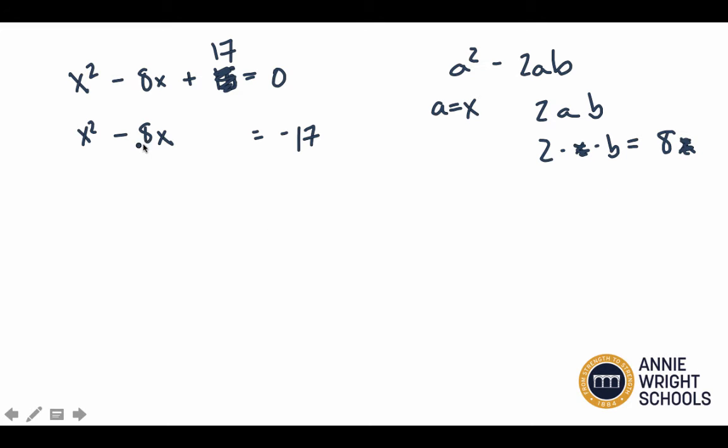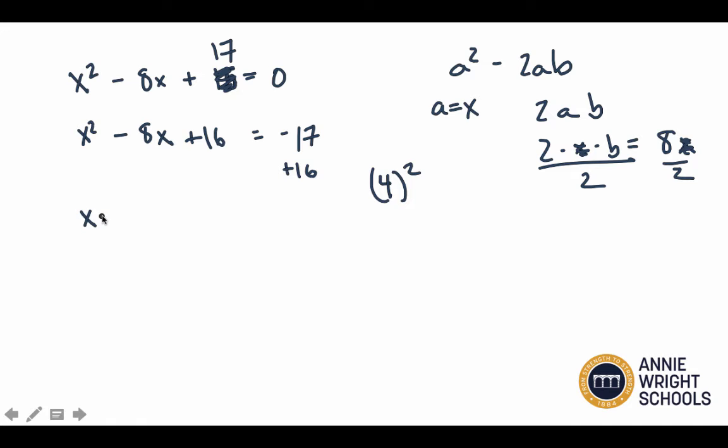Some kids memorize take half of this number, but do you see why you take half of this number? To solve for b, you would just divide by 2. So you take half of that number. Half of that number is 4. And you square that. That's what needs to be added here, which is 16. And that's what needs to be added here, which is 16.